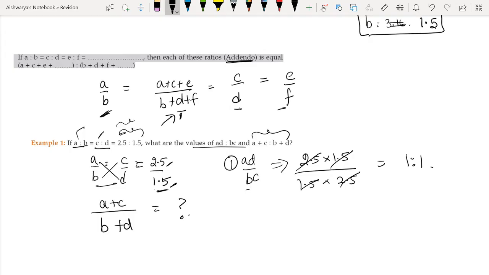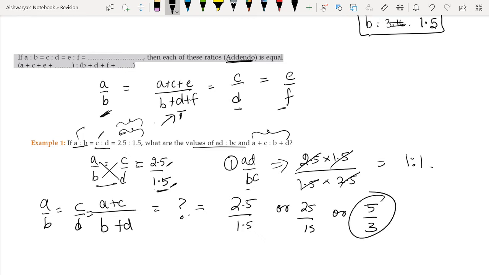This ratio is equal to this. So which means A by B is equal to C by D is equal to this is equal to 2.5 by 1.5 or 25 by 15 or 5 by 3 in other words, which is the final answer. Are we clear? This is a very good application of addendo property. Can we proceed?